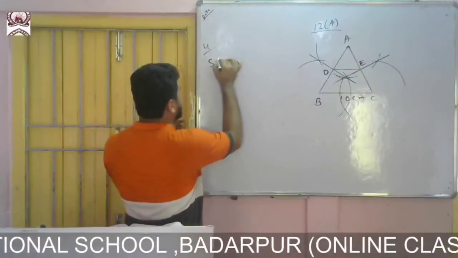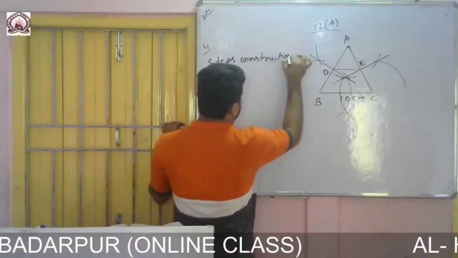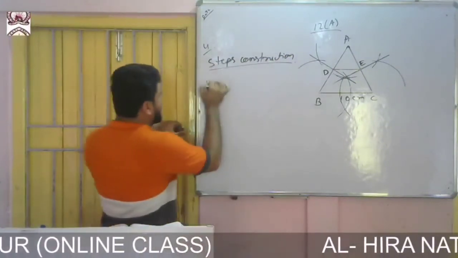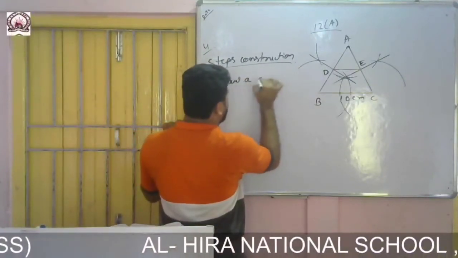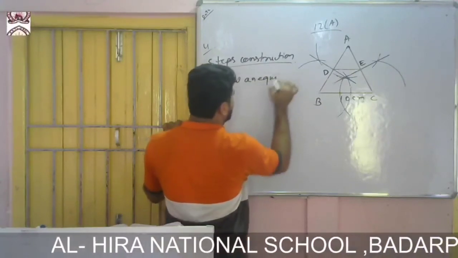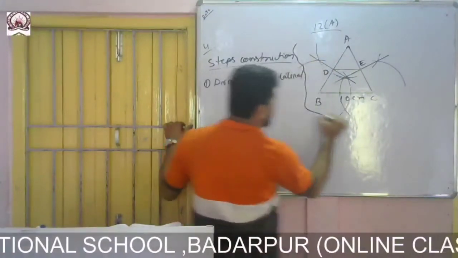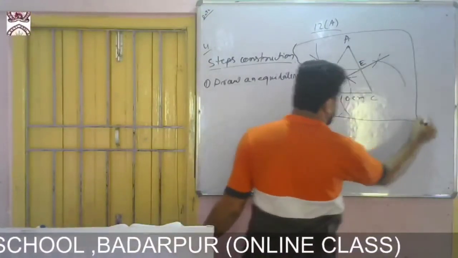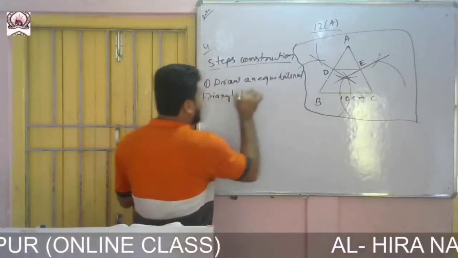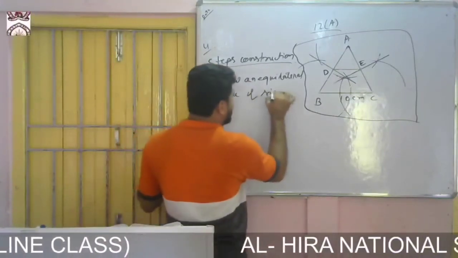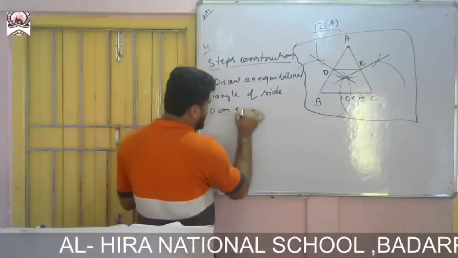Okay. Let me write the steps of construction. Number one, draw an equilateral triangle. This is the diagram. Draw an equilateral triangle of side 10 centimeter each.